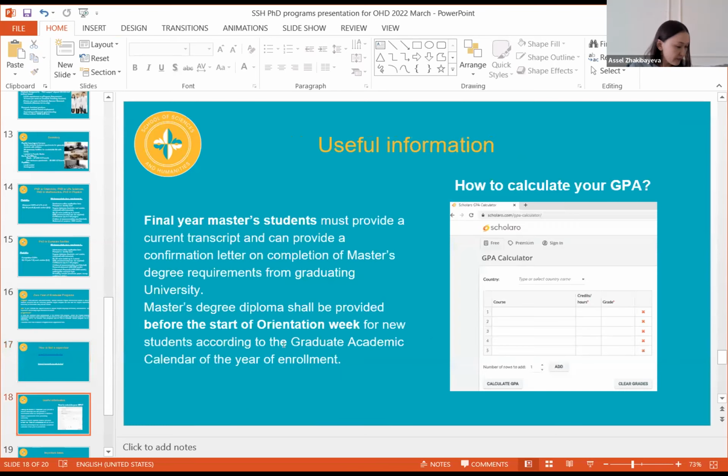Another useful piece of information is that some students have transcripts in a different scale. For example, they have a 5 point scale, and it is difficult to recalculate to a GPA score, which is on a 4 point scale. You can use the site called scholaro.com and check your GPA level yourself.